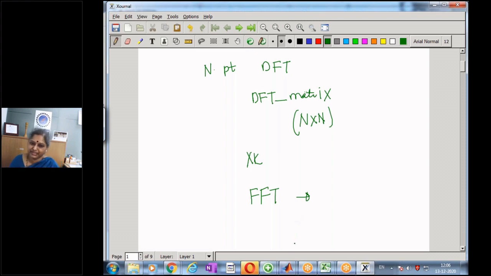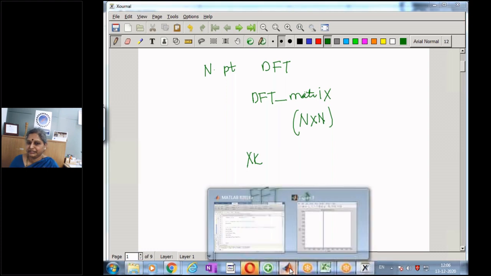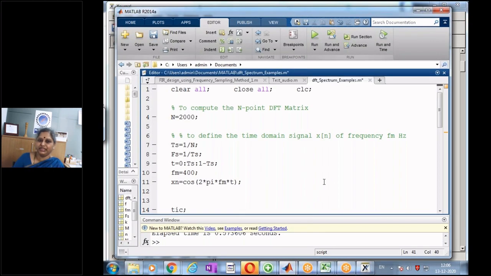So let's once again take the help of MATLAB, and we will first compute the DFT by sampling the signal and computing the DFT and then getting the spectrum. Then we'll repeat the same using the inbuilt FFT command and see what is the saving in time. So this is our first example towards measuring the saving in computation time.